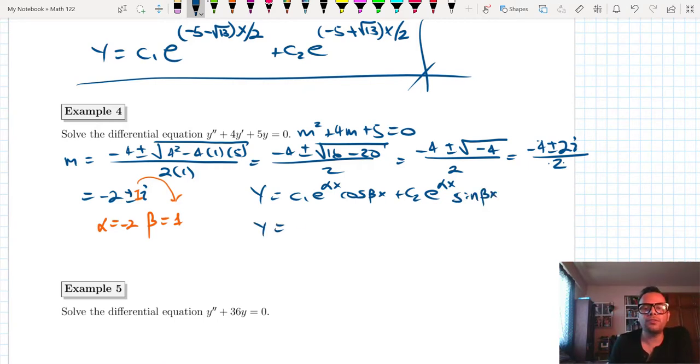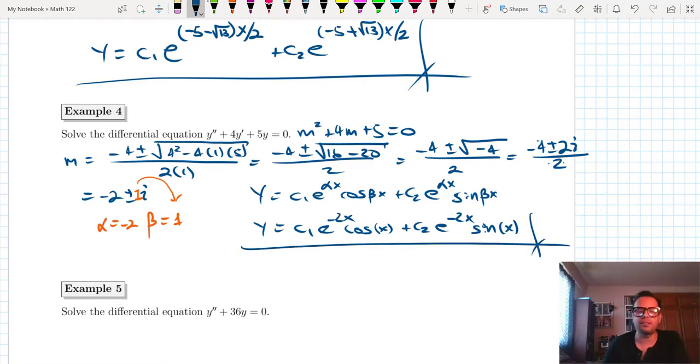So y equals c1 e to the negative 2x cosine of just 1x, plus c2 e to the negative 2x sine of x. And that is the solution to this equation.